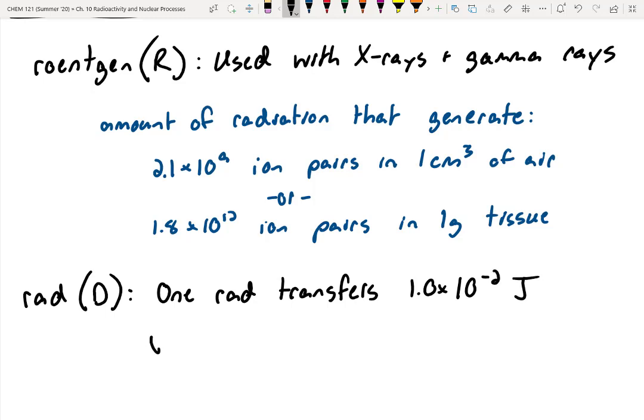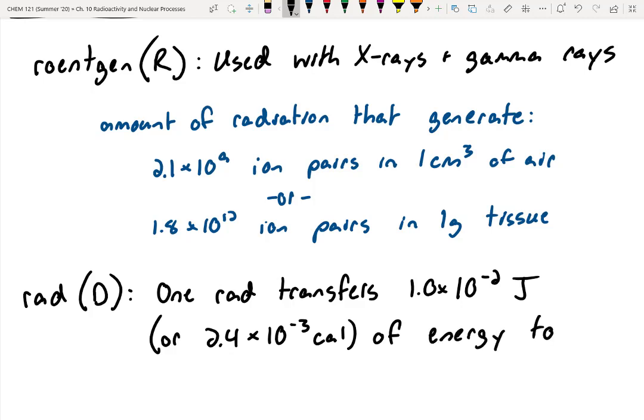But remember, joules and calories are related, so we could express this in calories. Expressed in calories, it's 2.4 times 10 to the negative 3 calories of energy to 1 kilogram of tissue.